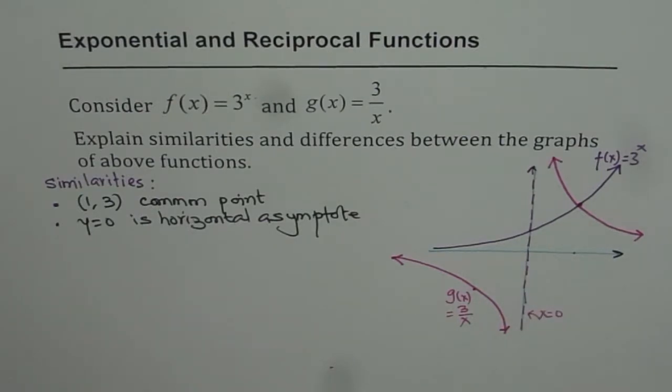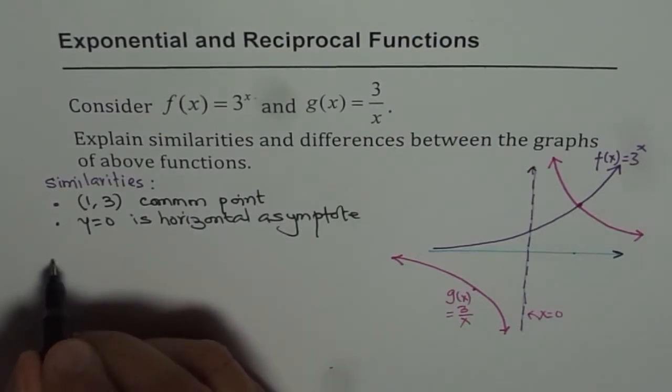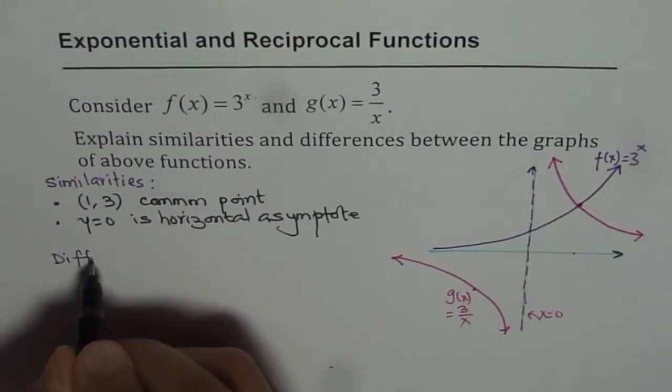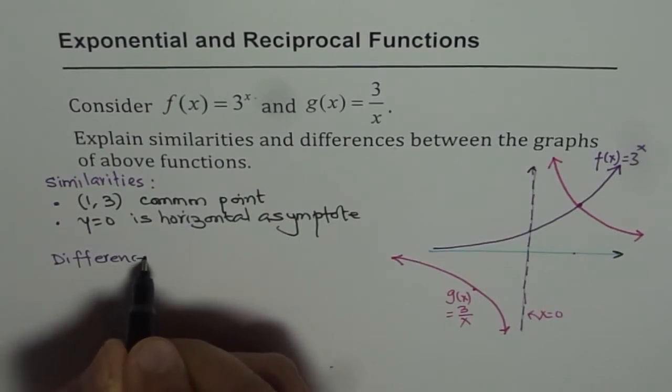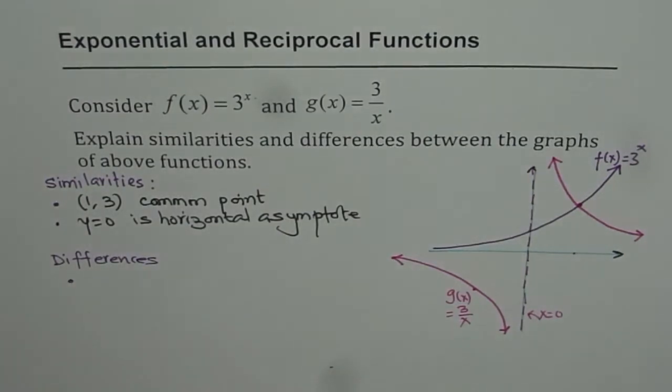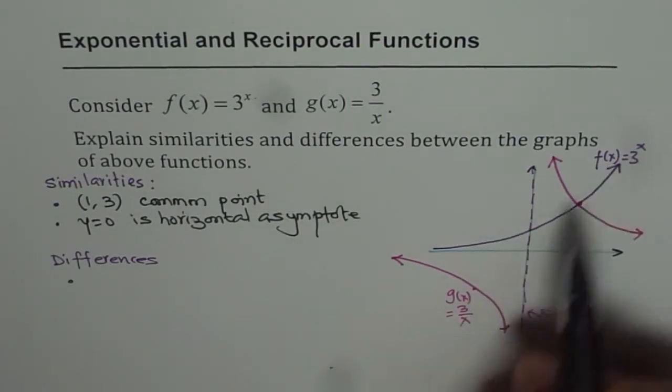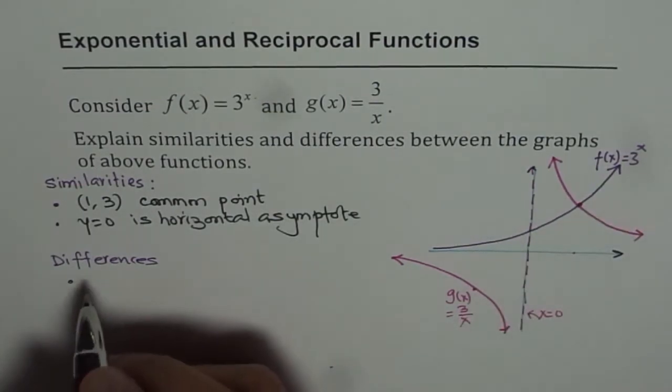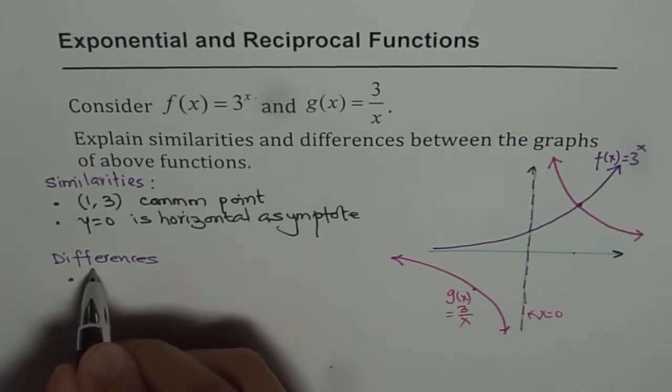Okay, so now let's talk about the differences between the two graphs. So as far as differences go, what can you say? One, we can say the domain of f of x is all real numbers. So one is that the domain is a difference.